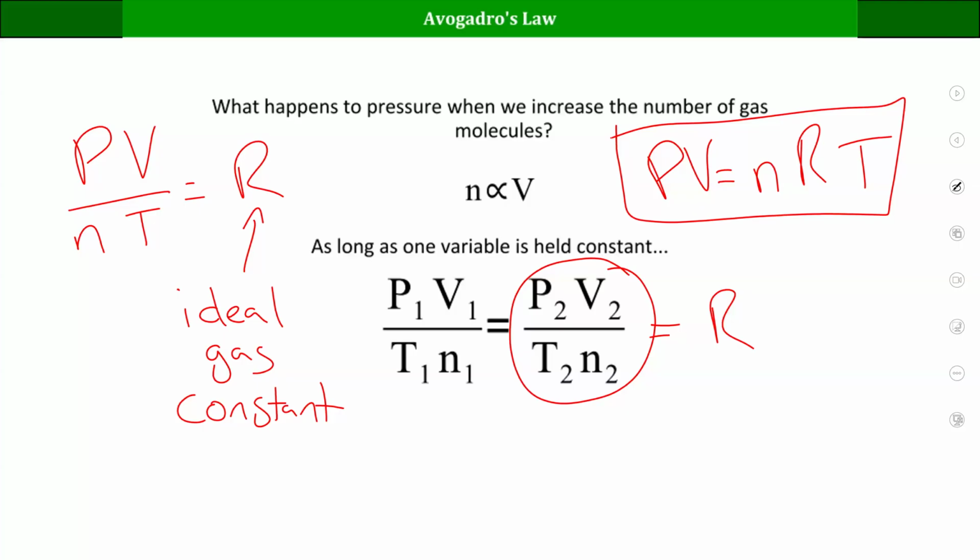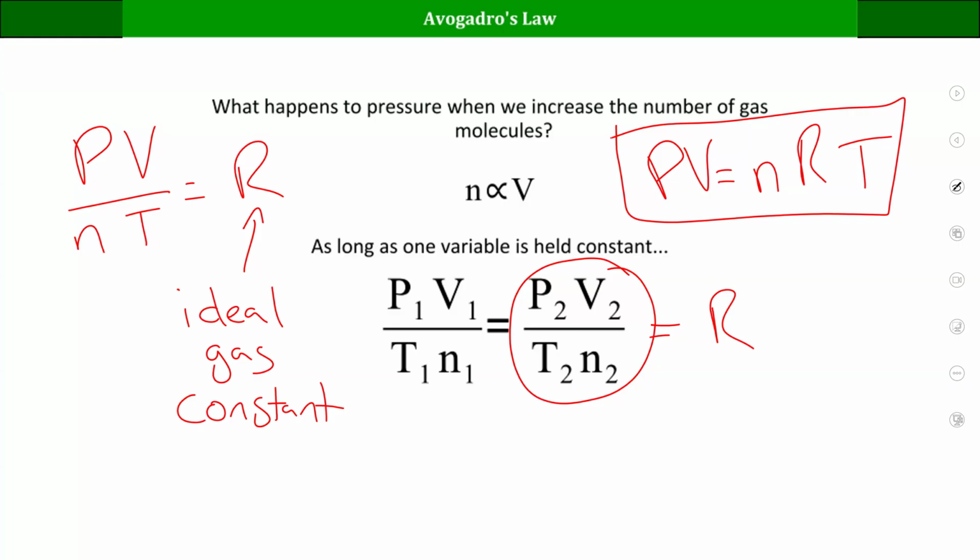Because this was our easy way of figuring out how many moles we had of something. Doesn't seem as easy as weighing things, but if you don't know what those atomic masses are, you don't know how the atomic masses work, but you do know that gas molecules behave in this totally random way where it doesn't matter what the gas molecule is, it bounces off of stuff. You can figure out how many moles you have.